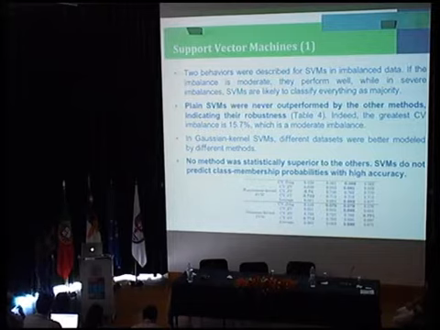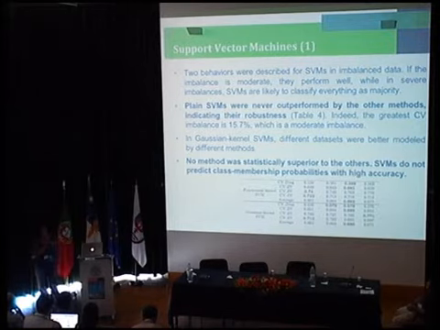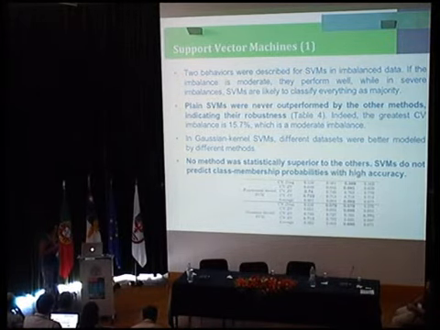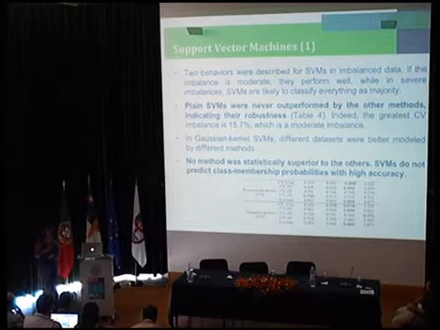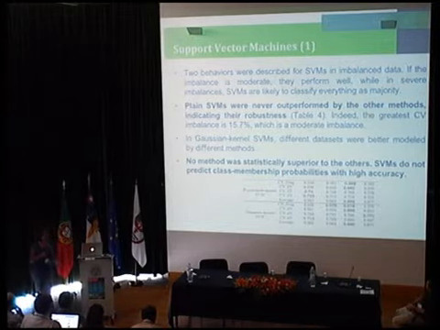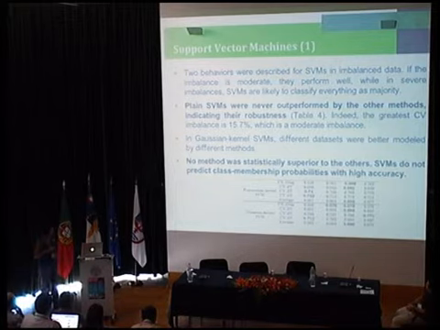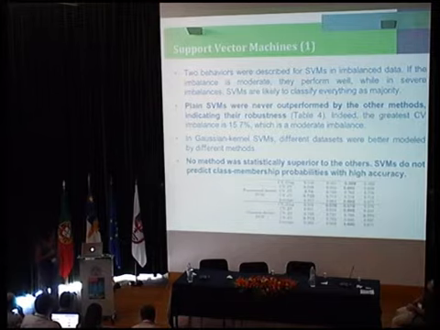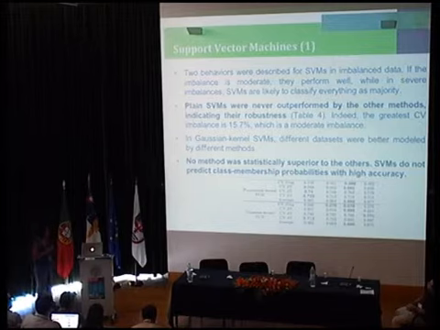In our case, plain SVMs were never outperformed by the other methods, indicating that they are robust, but when they fail in case of imbalance, we actually cannot improve what they do. And in the case of SVM, no method was statistically superior to the others.